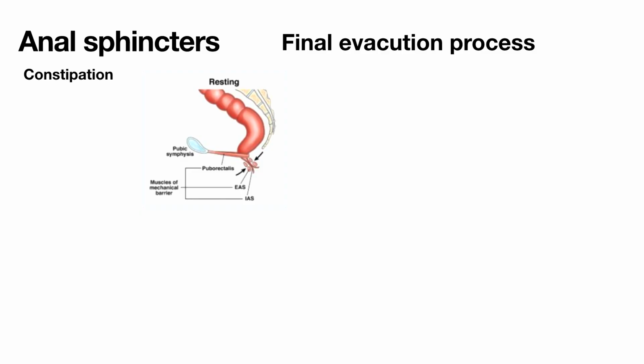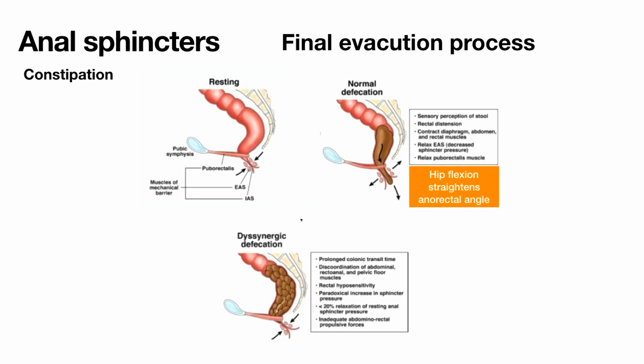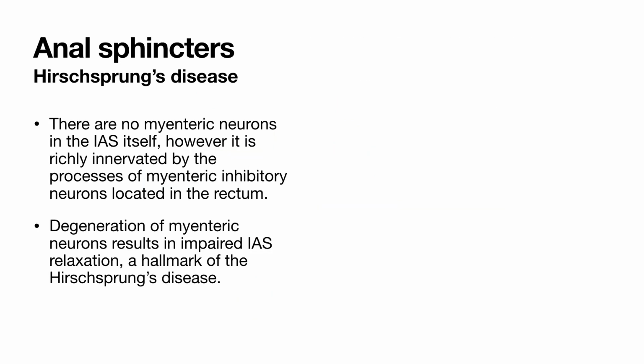This is a normal mechanism of defecation: the synergistic contraction of the abdominal muscles and relaxation of the pelvic floor muscles leads to normal defecation, and your hip flexion will further obtuse this angle, the rectal angle, and help in defecation. But when there is a dyssynergia between these two types of muscles, there will be pelvic outlet obstruction and constipation.